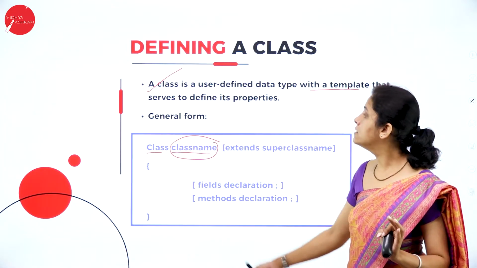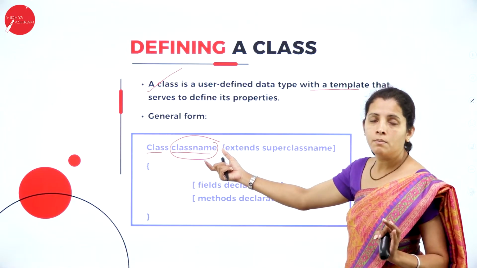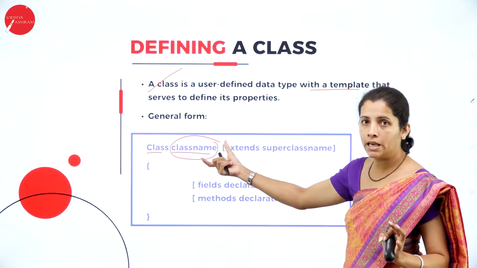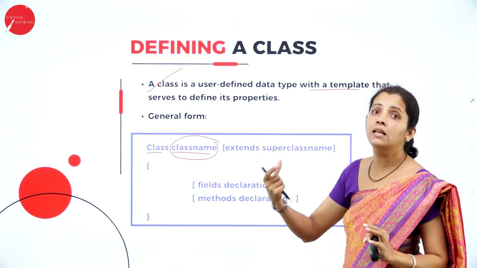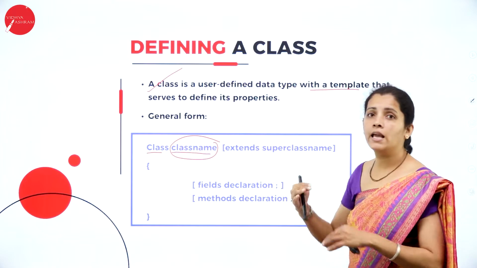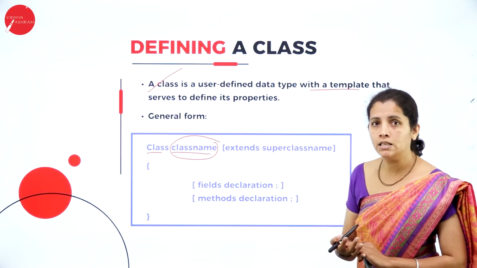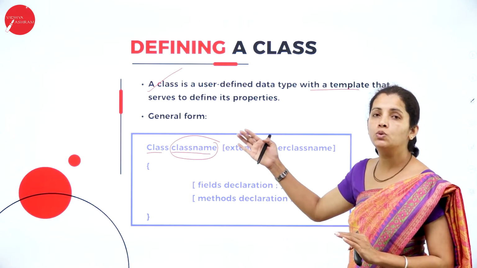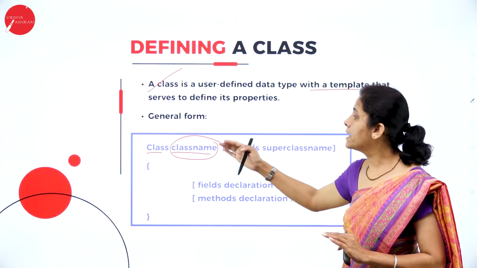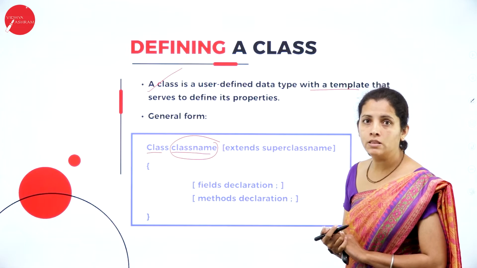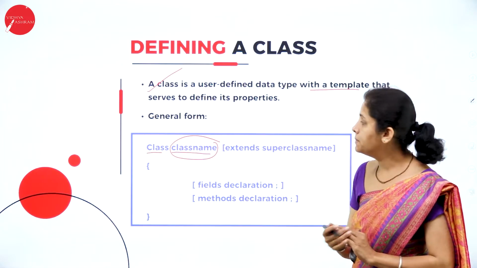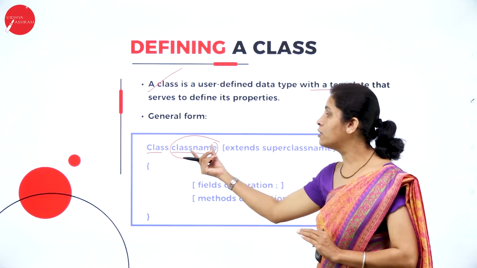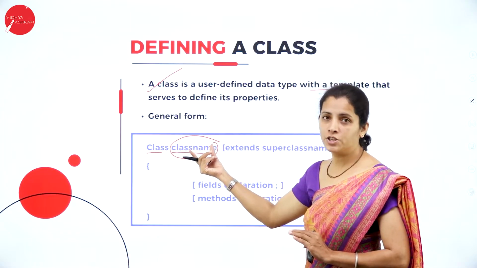And while defining an identifier, I have to follow some rules. That means the class name must start with an uppercase letter, only the beginning letter. Then I can use lowercase letters. I can even combine it with digits, that is 0 to 9. Then my class name cannot start with the dollar symbol. That means my class name cannot start with special symbols.